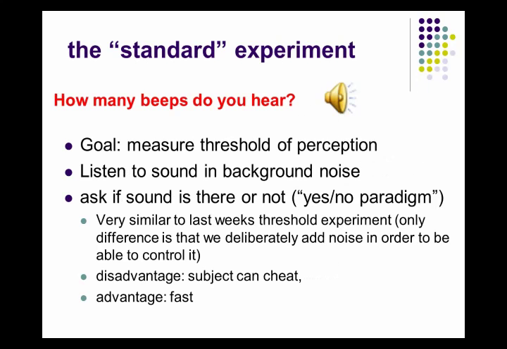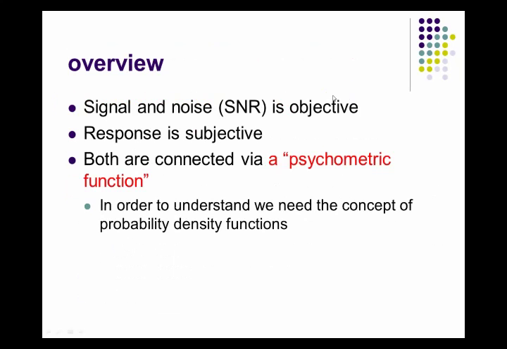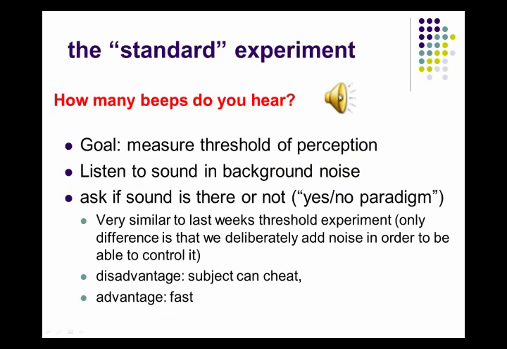Okay, let's do this in a slightly more formal way. I define here what I call the standard experiment. That's pretty much what we did last week. I call that a yes-no paradigm. I can't play these sounds to you. Let's try what happens if I click on that. Nothing. They are on Blackboard.